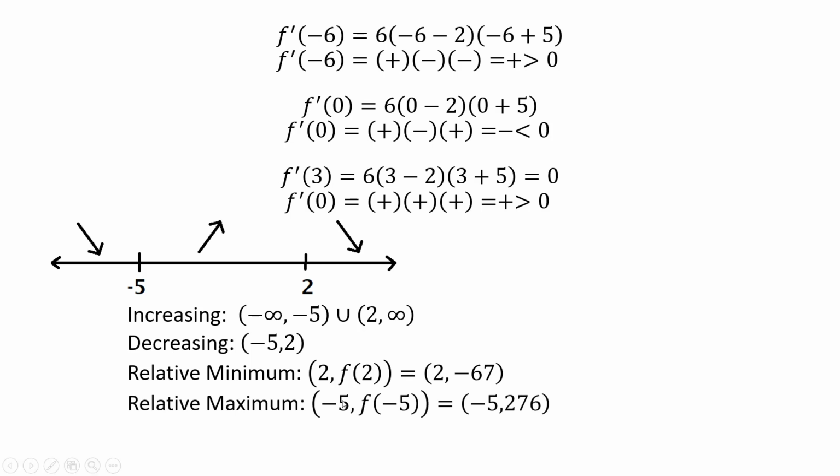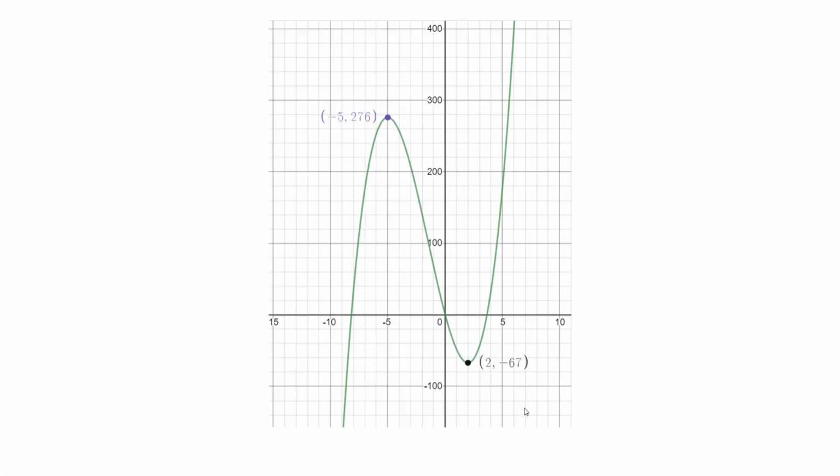For my relative maximum, it happens at -5. So to find the y value, I'll plug -5 into the original function, and I get the ordered pair -5, 276. Let's take a look. I'm increasing, decreasing, increasing, relative maximum, relative minimum. So it did line up.